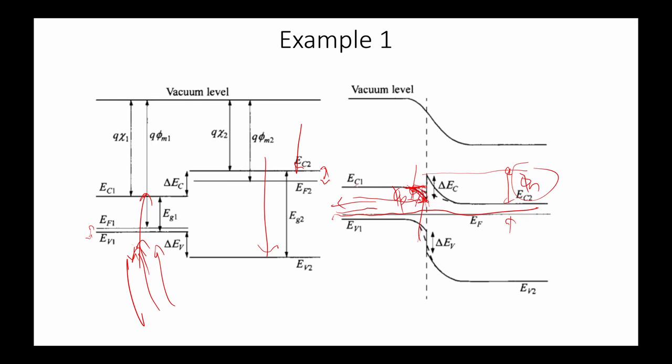There are more electrons here than in the bulk. But these are lesser than the holes, because the Fermi level is still closer to the valence band.